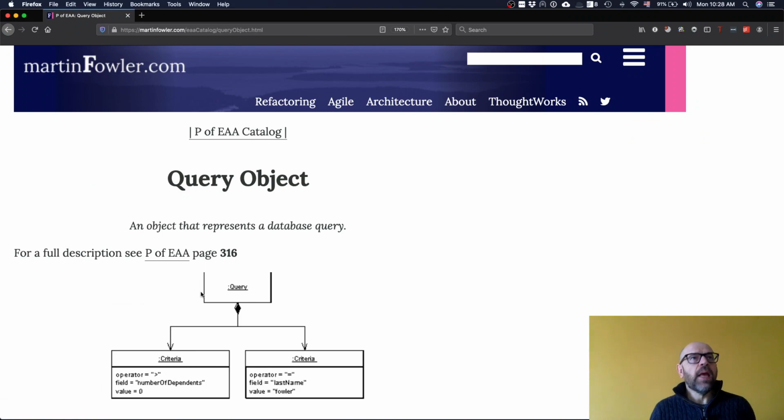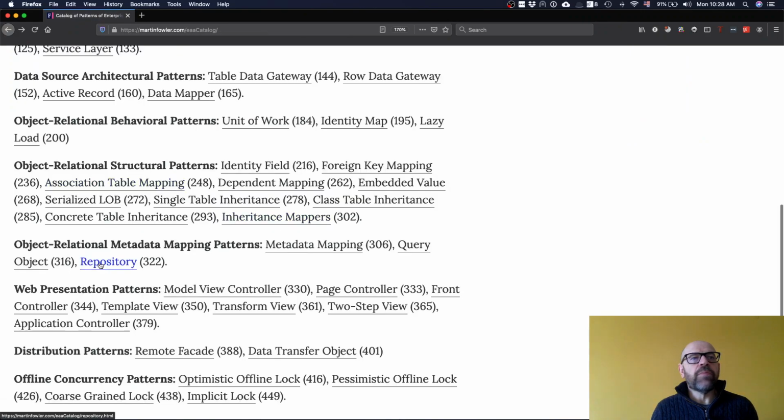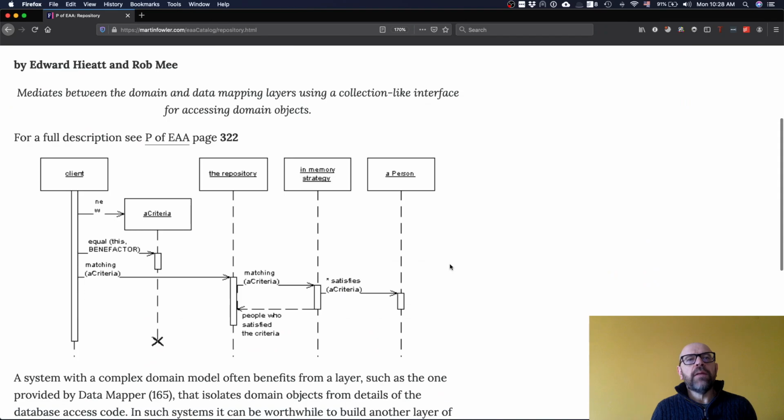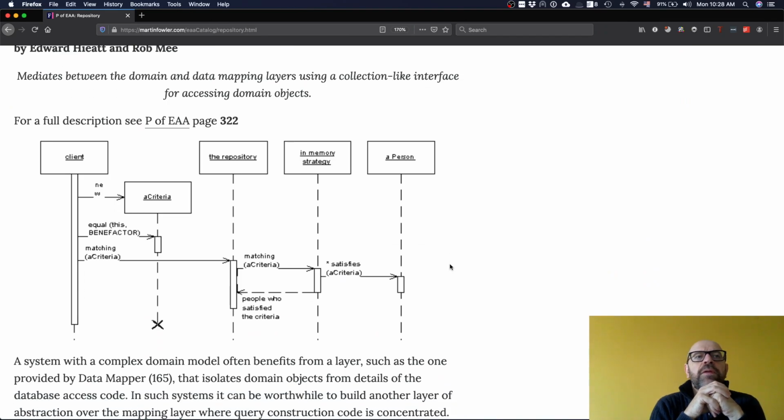Okay. And the last one is repository. And the idea of repository is related to the query idea: you manage in-memory objects together, so you have them together, and you submit the queries to the repository, and the repository basically sees if the objects already exist, and manages this.